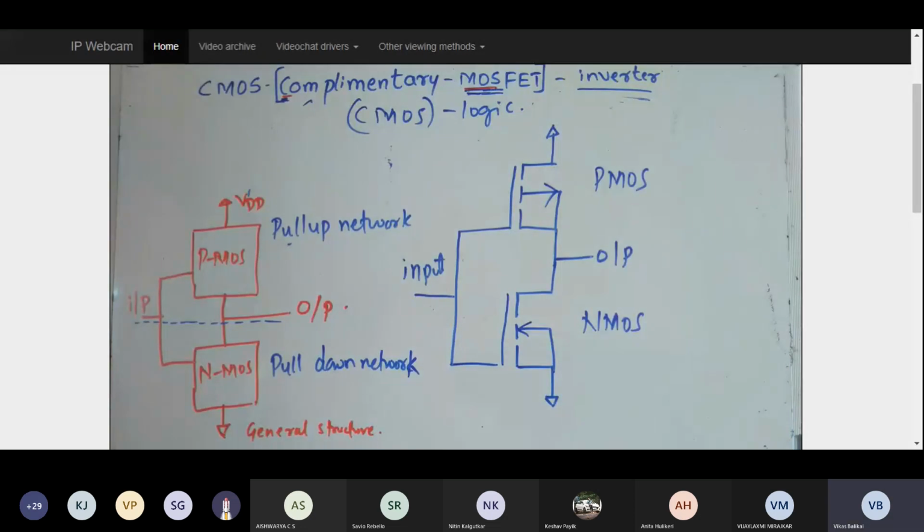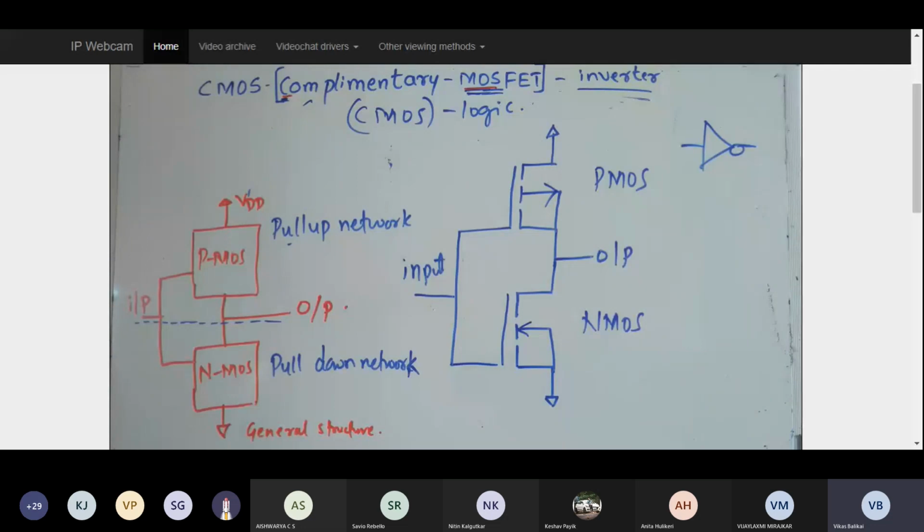Now how exactly is it going to work? This is basically the internal structure of the inverter, the internal structure of your NOT gate. Inside this entire NOT gate, this thing will be there. So let us try to understand whether it is going to produce the output I am expecting.